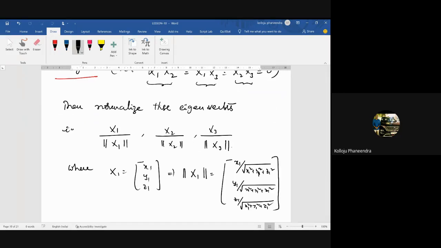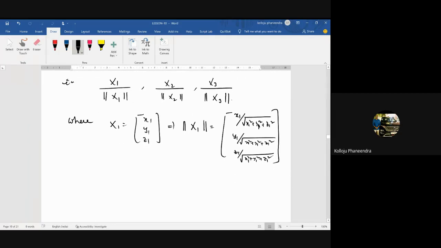This is called normalization. Divide each value by the square root of the sum of the squares. Similarly, norm x2 and norm x3 can be calculated.